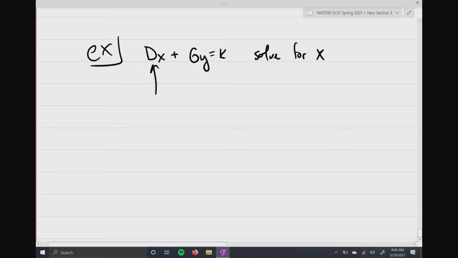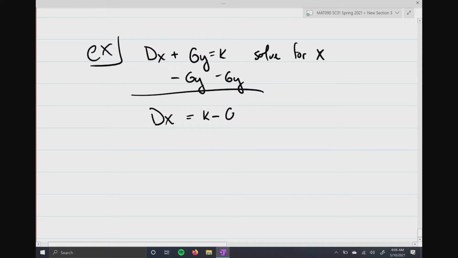Notice the first term is the term that contains the variable x. So all I'm going to do is move everything that does not contain an x to the opposite side. So I will subtract gy from both sides. That's going to yield dx equals k minus gy. And then, since I'm solving for x, I just divide everything by d.